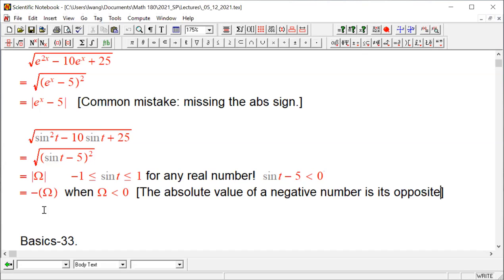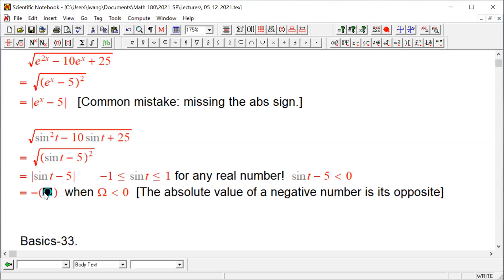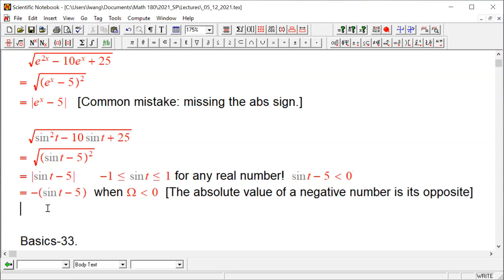And the consequence, after this sine t minus 5 is in place, you should get 5 minus sine t.